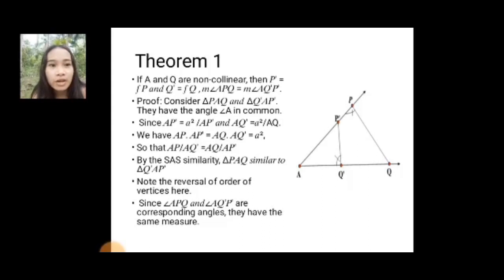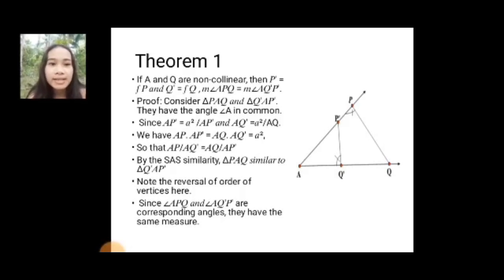So they have the angle A in common. Since AP prime equals r squared over AP and AQ prime equals r squared over AQ, we have AP times AP prime equals AQ times AQ prime equals r squared. So that AP over AQ prime equals AQ over AP prime.